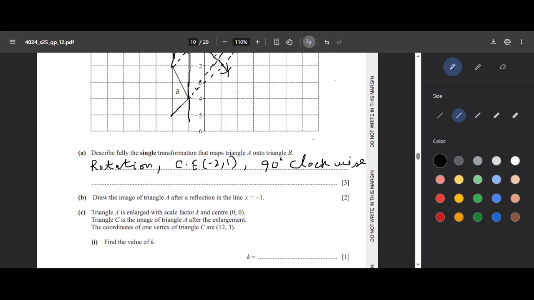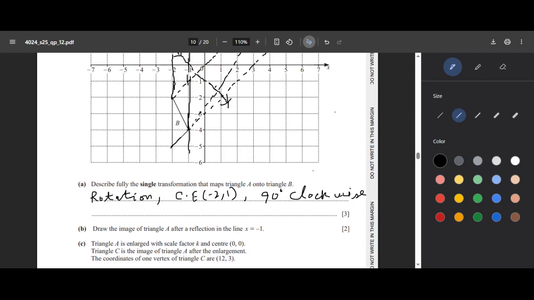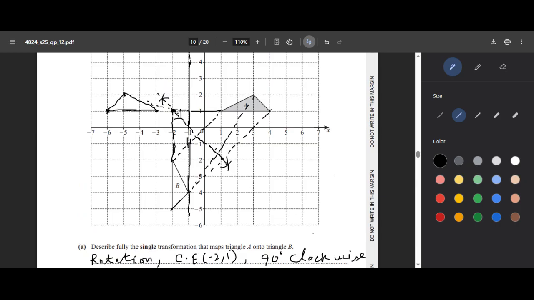He is saying triangle A is enlarged with scale factor k and the center is 0, 0. Triangle C is the image of triangle A. After the enlargement, the coordinates of one vertex of triangle C are 12 and 3. Now see the vertices of this triangle. Look carefully.